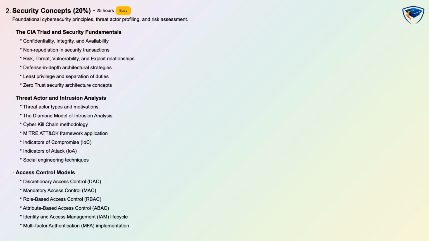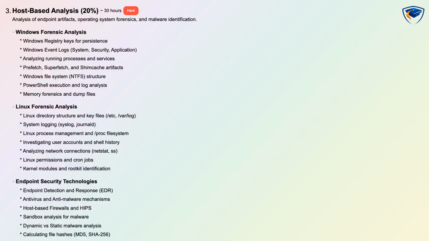and MFA. Host-based analysis, 20%, emphasizes endpoint artifacts, operating system forensics, and malware identification, and is rated hard with approximately 30 hours of study and scenario-based assessment. You will examine Windows forensic artifacts including registry keys for persistence, event logs, prefetch and shimcache, NTFS structure, PowerShell execution traces, and memory dump analysis.